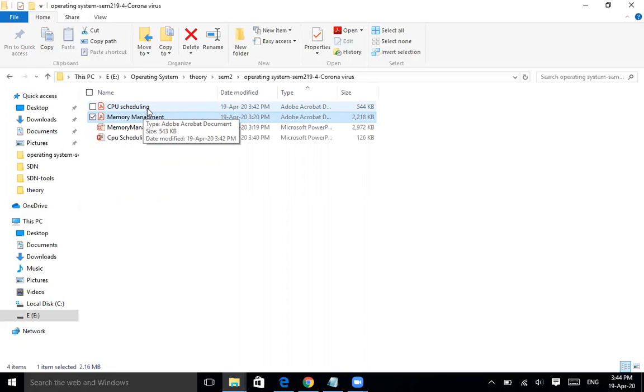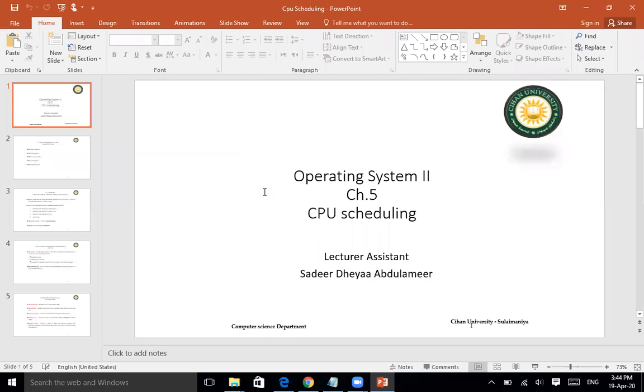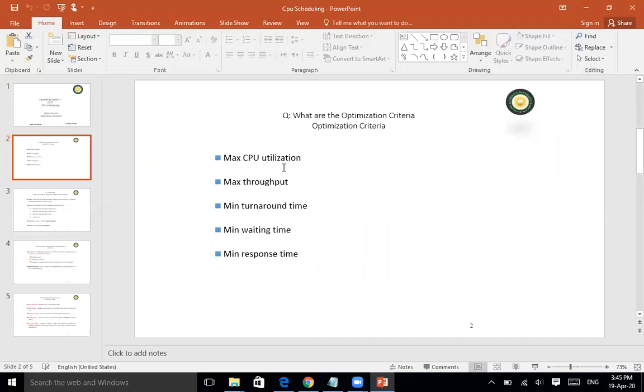So first of all, we are going to talk about the theory part in CPU scheduling. Here we have some explanations and some questions that we have to note. We start with the first question: what are the optimization criteria? As you know, in scheduling we have some criteria that we have to set out to optimize our scheduling.